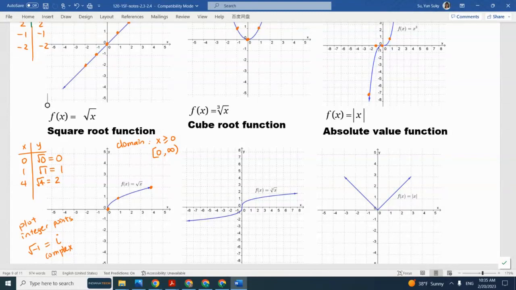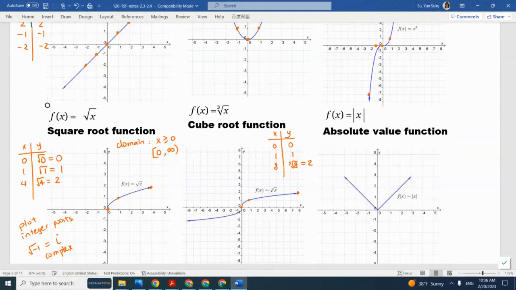Cube root. Cube root of 0 is 0, right? Cube root of 1 is 1, right? What is the next number you plug in where you get an integer? Cube root of 2 is an integer? No, 8. Right, everybody? Cube root of 8 is 2. So we plug in 8, we get 2.